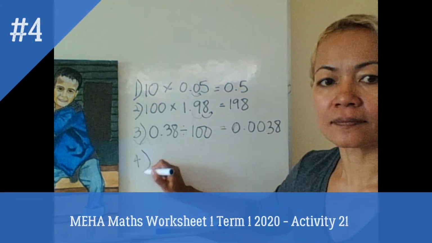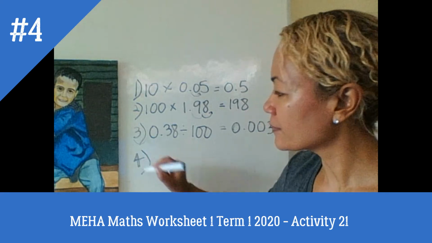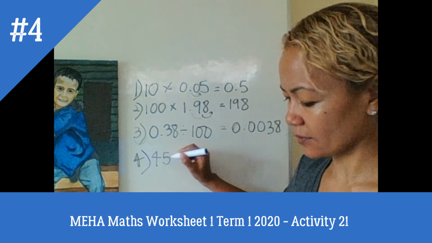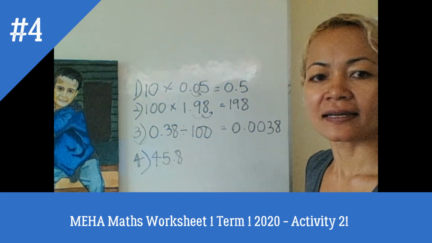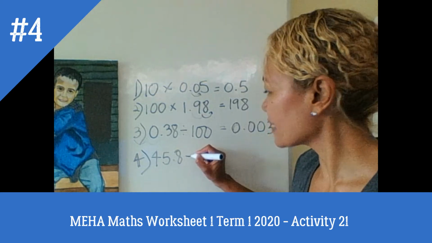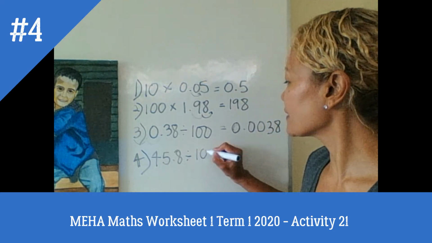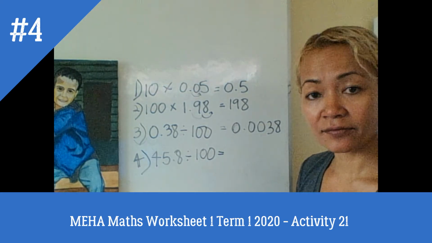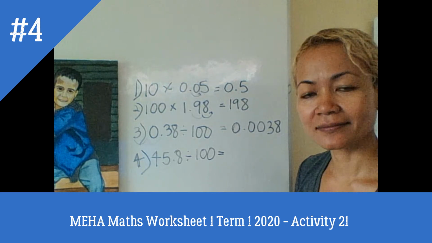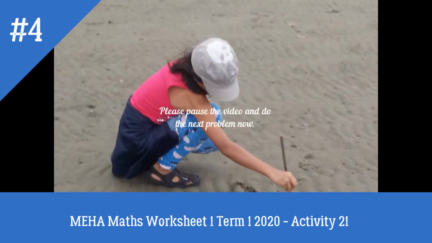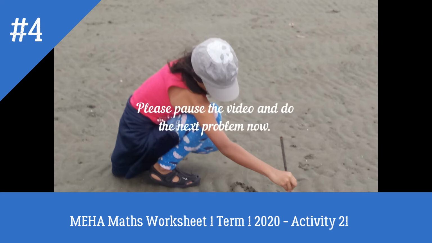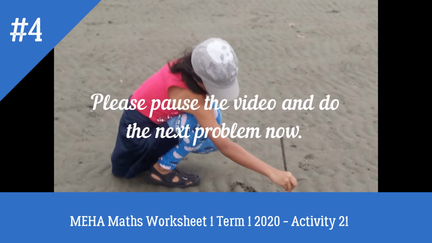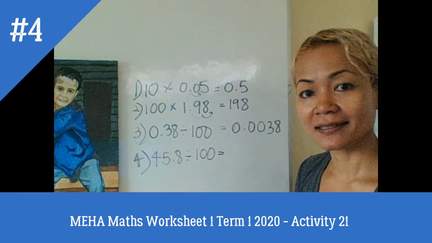Number 4. Okay. 45.8 divided by 100 is equal to, I'll give you time now to answer the question. Did you get it?